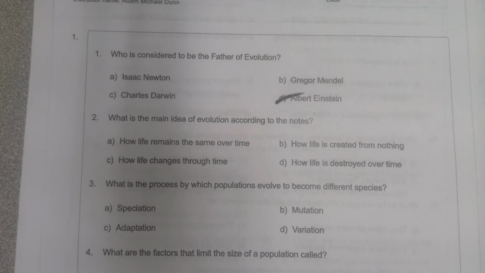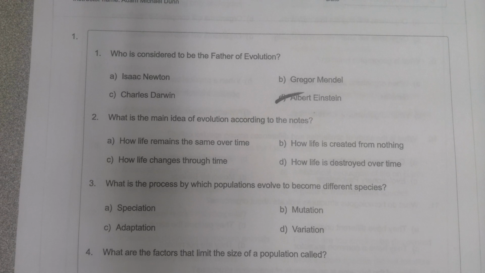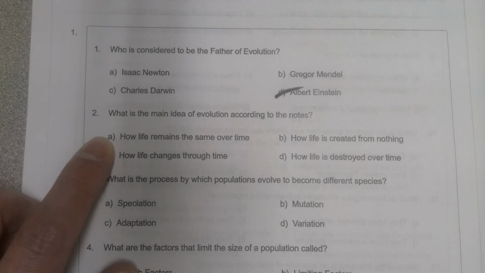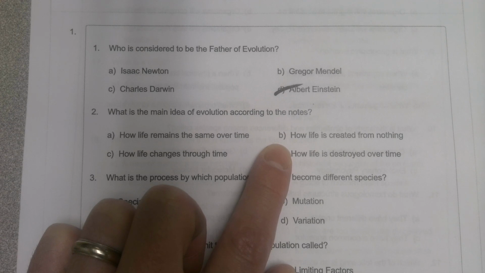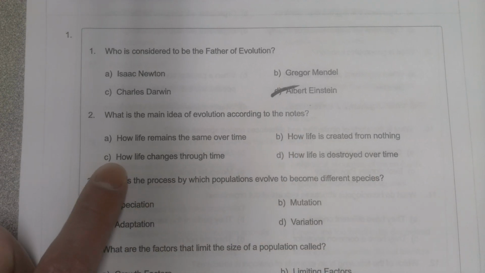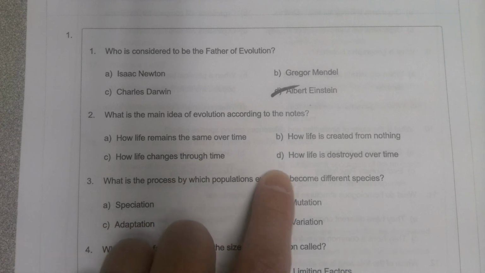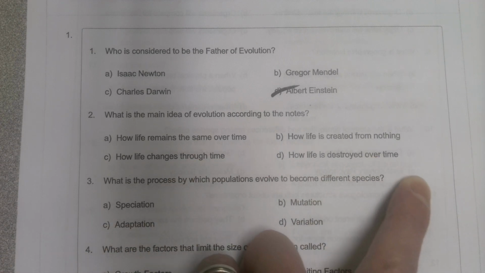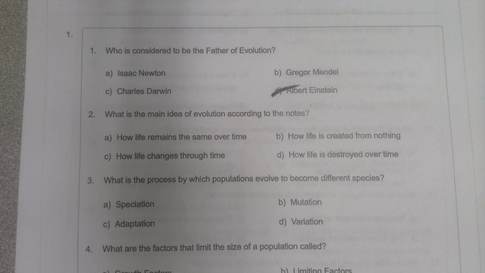The main idea of evolution according to the notes. A, how life remains the same over time. B, how life is created from nothing. C, how life changes through time. Or D, how life is destroyed over time. All right.